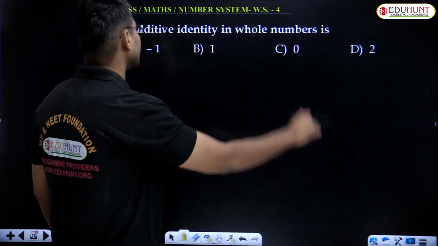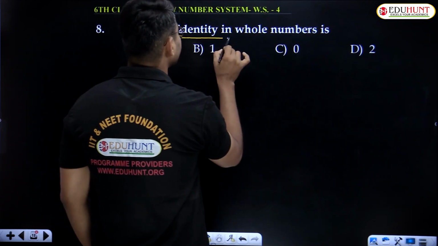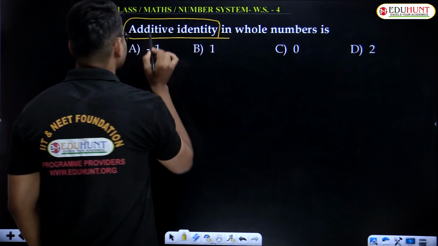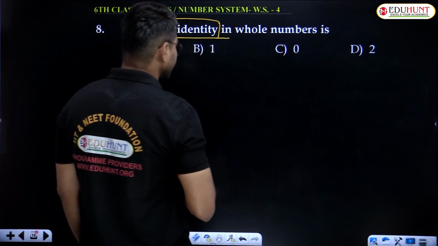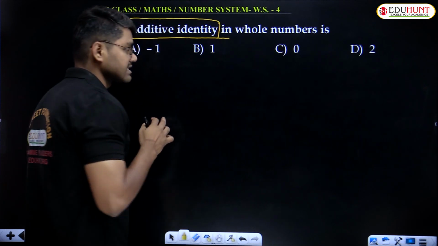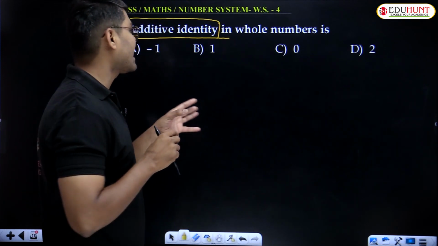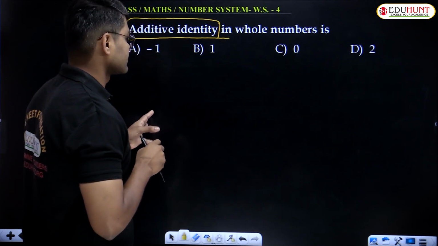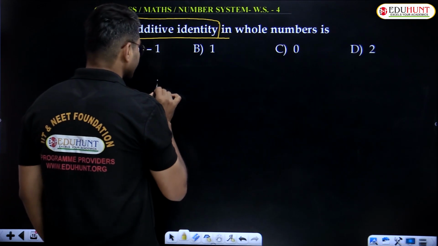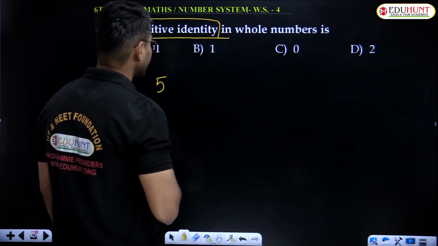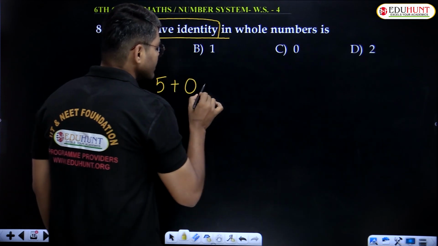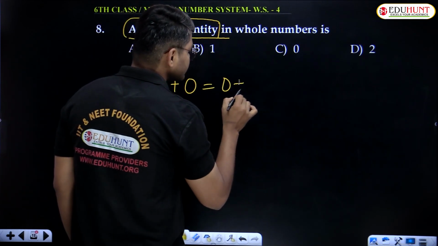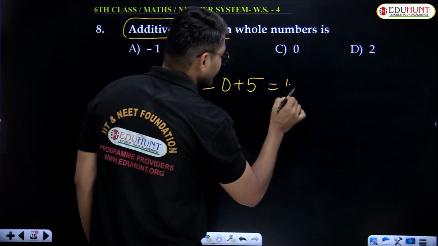Additive identity in whole numbers. What is additive identity? Already we have discussed what is additive identity. If I add two numbers, that means if I take 5 plus 0 is equal to 0 plus 5 is equal to 5.